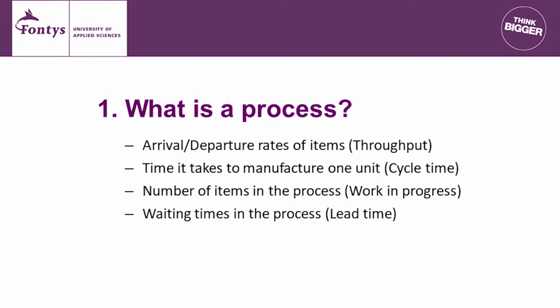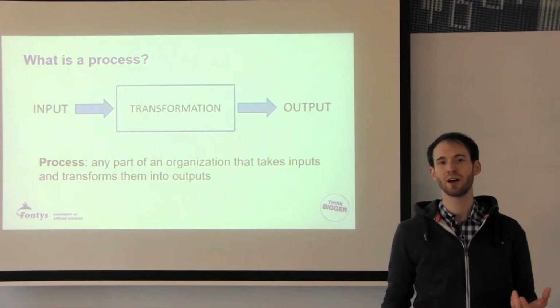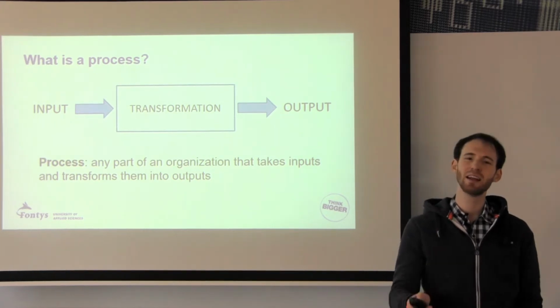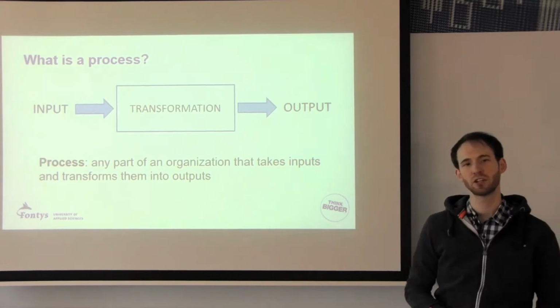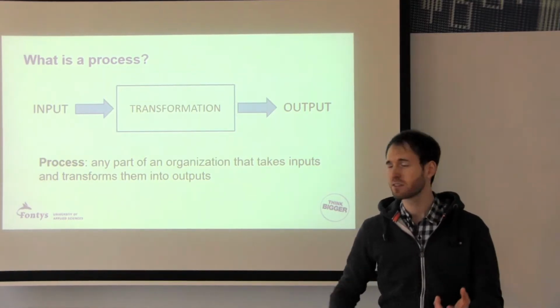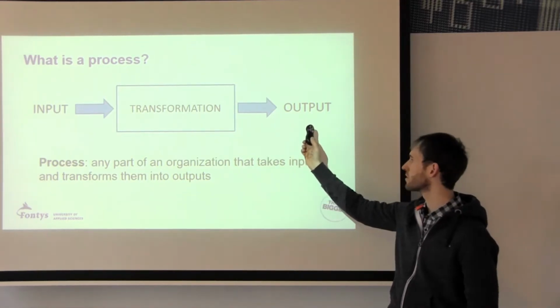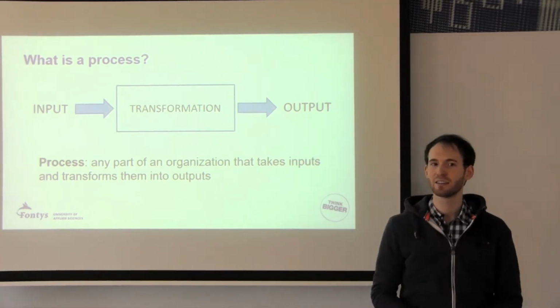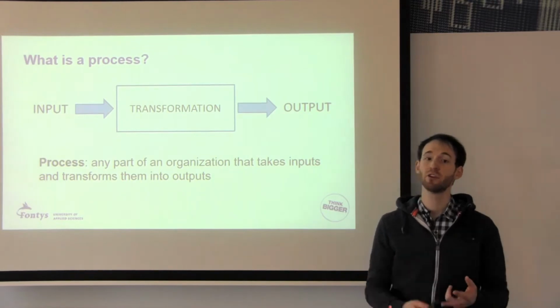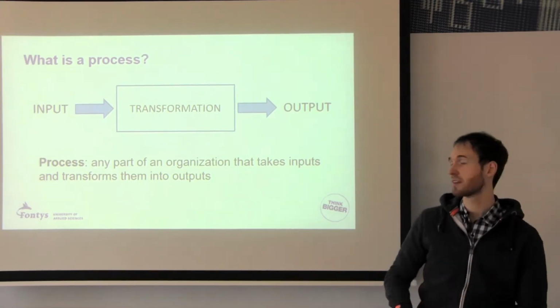What is a process? Already last time in the lecture, I gave you a similar picture. Inputs are transformed into outputs, and inputs can be very, very diverse. As said last time, it can be money, it can be hours, it can be units, it can be so many things.